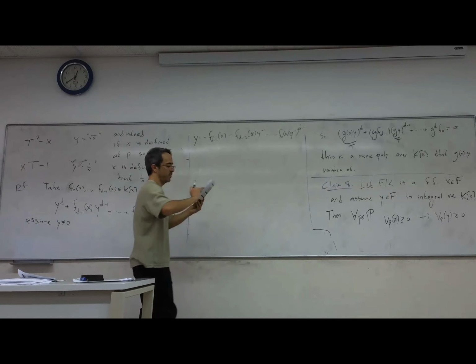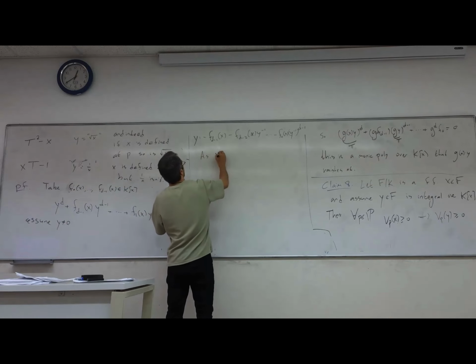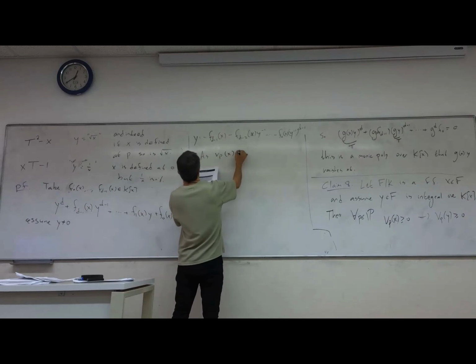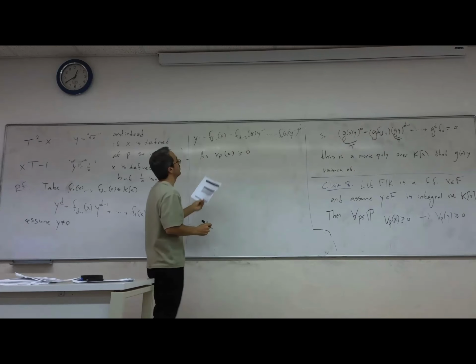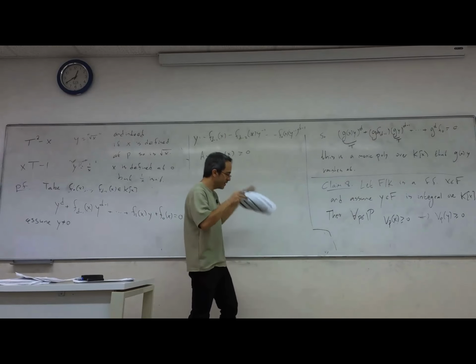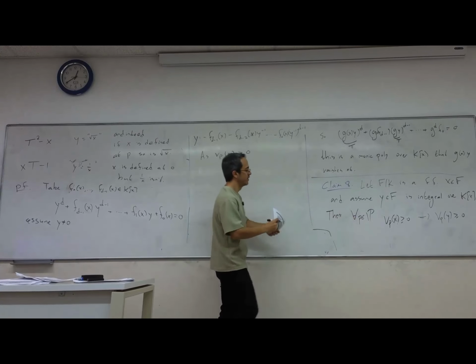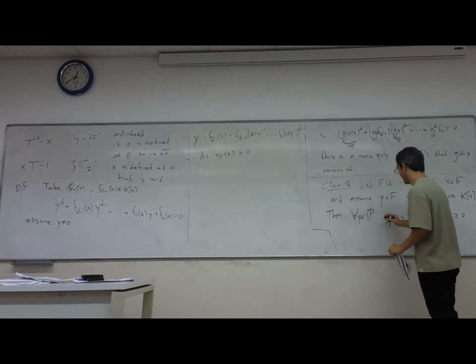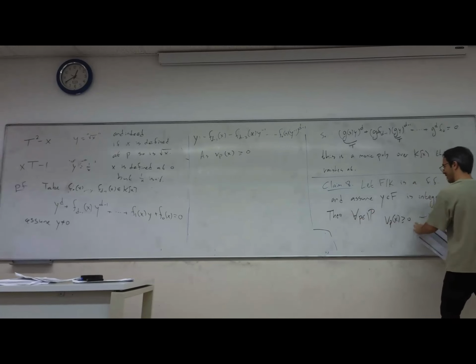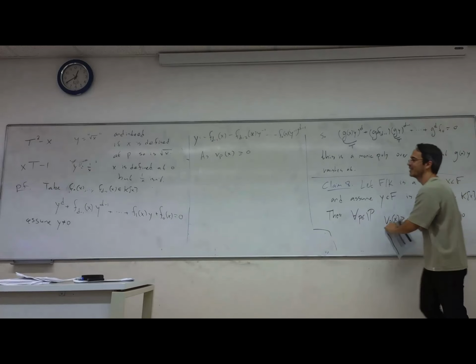And now it's just a matter of looking. So we know that VP of x, which we didn't use so far, is at least 0. I fix P such that this holds, and I want to show it for y. It's not that this implies that; for every P this holds. So I fix a P and I'm assuming that.